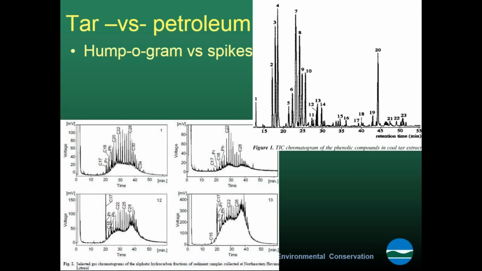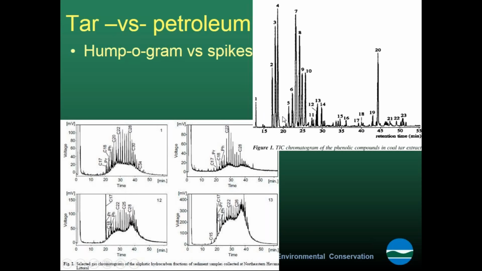I mentioned early on trying to differentiate between coal tar and petroleum. Very often you have sources of both chemicals at a site. Rather than going through some elaborate process, very often all you have to do, especially if you have source material, is to look at the chromatogram.